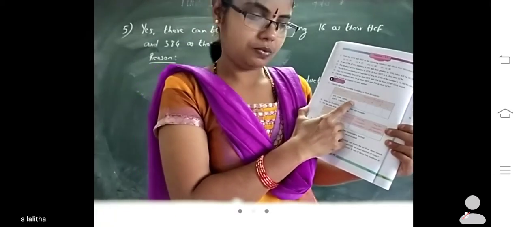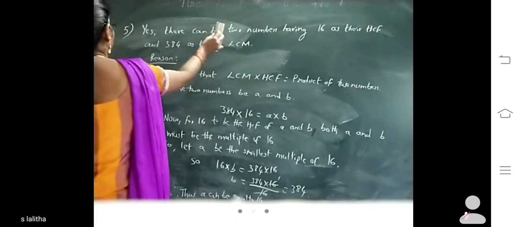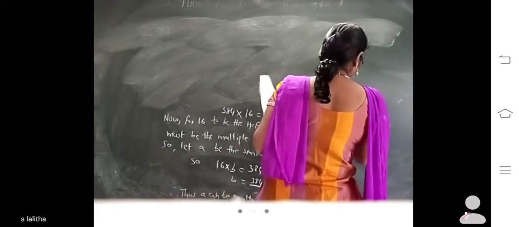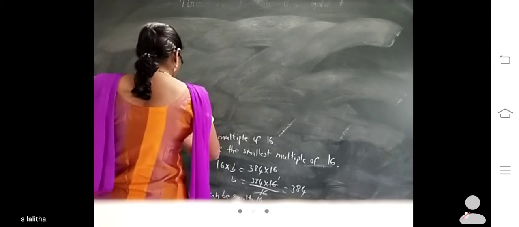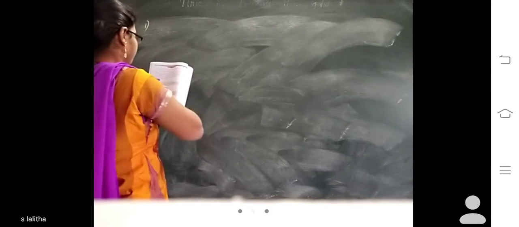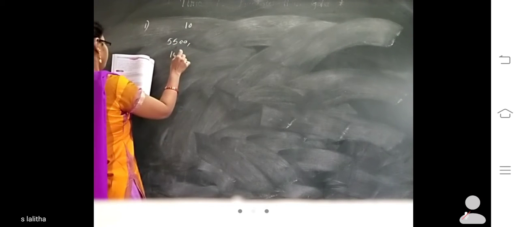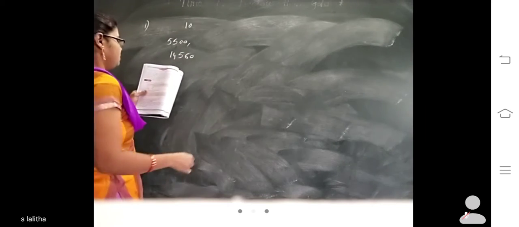So the numbers divisible by 10 are 5500 and the next number, 14,560. Okay?